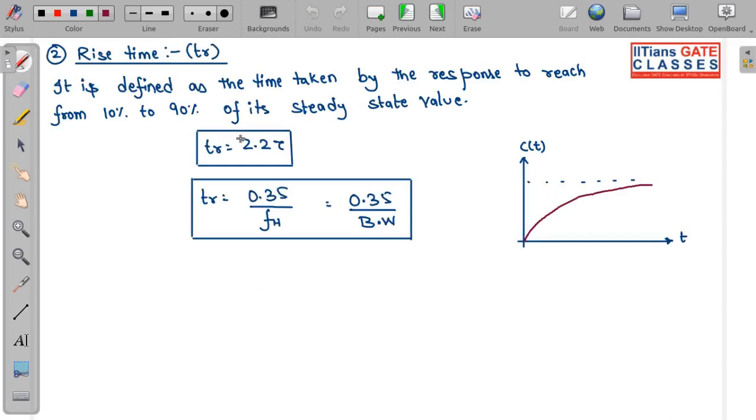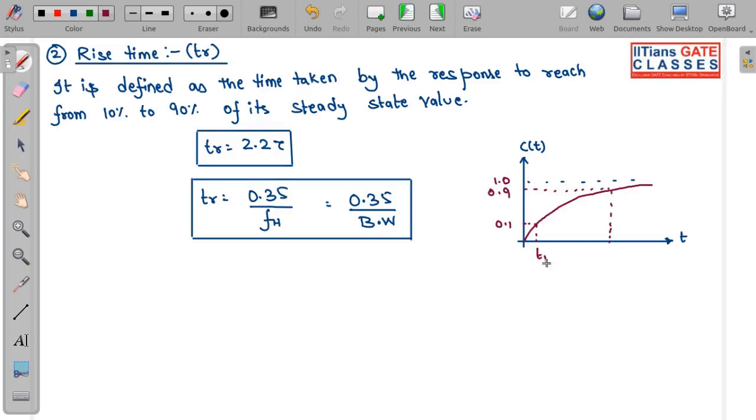So the next important time domain parameter that we have over here is rise time. What do we mean by rise time? Rise time is the time taken by the response to reach from 10% to 90% of the steady state value. Steady state value is 1, 10% means 0.1 and 90% means 0.9.